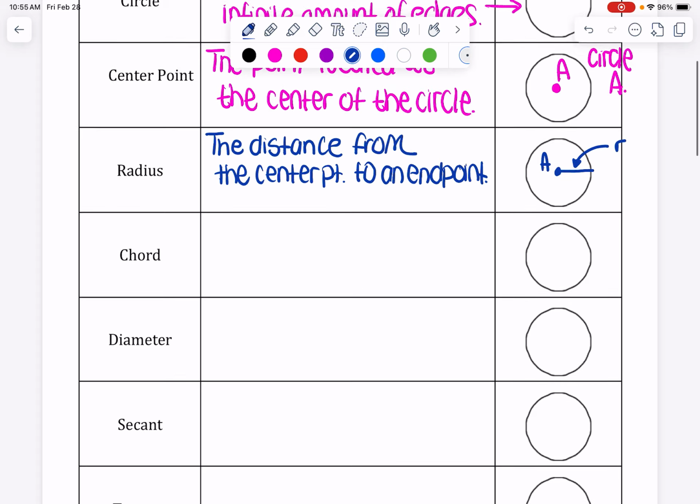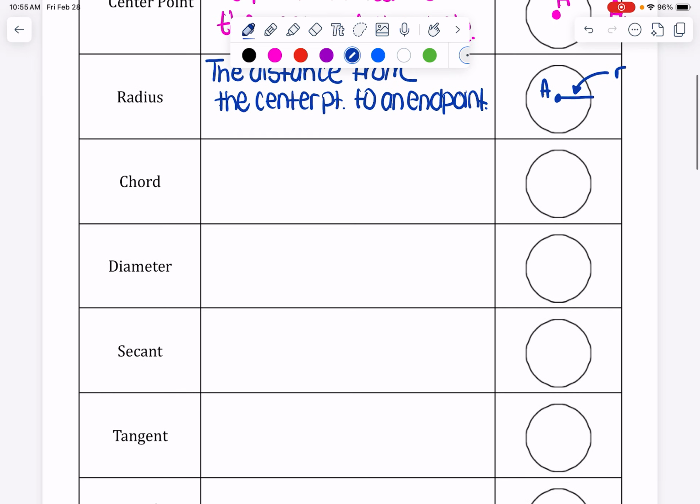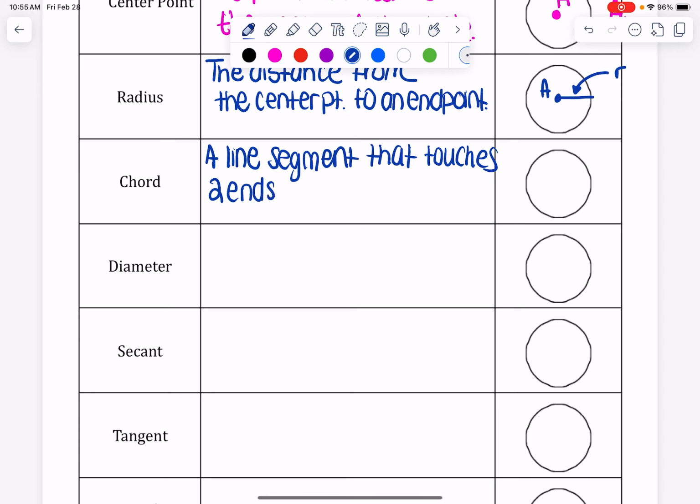Alright, the next part, you guys might have heard this before, but a chord. So a chord is different from a diameter because it's going to be this. It's a line segment that touches two endpoints, or I should just say two ends, but, here's the key word, does not go through the center.